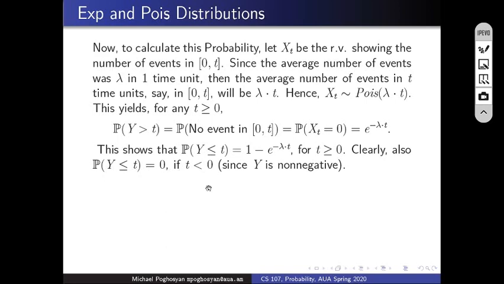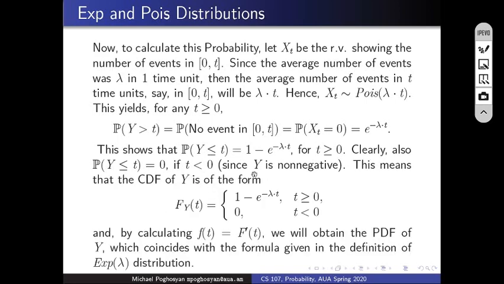So we have obtained the CDF of Y. The CDF of Y has this form, and this is exactly the CDF of an exponential lambda random variable. So we have obtained the CDF by just using Poisson random variables, and you can obtain the PDF from the CDF by calculating the derivative.